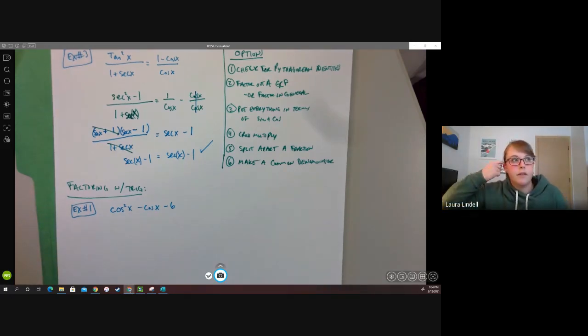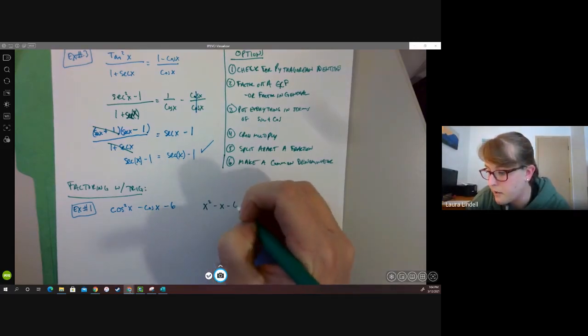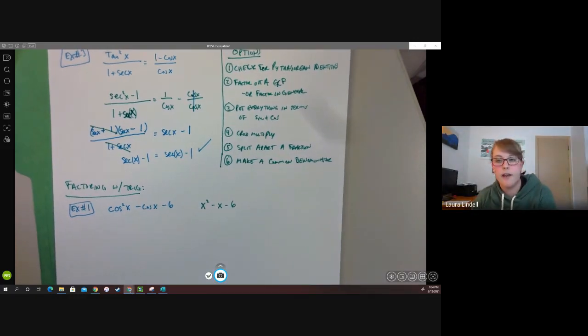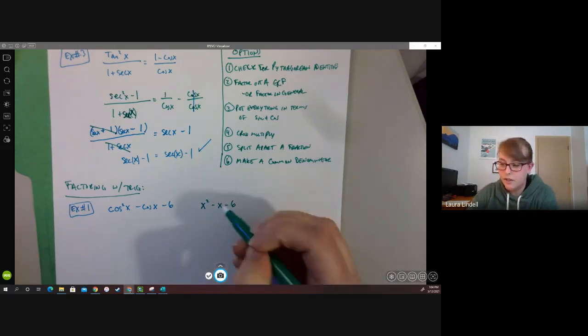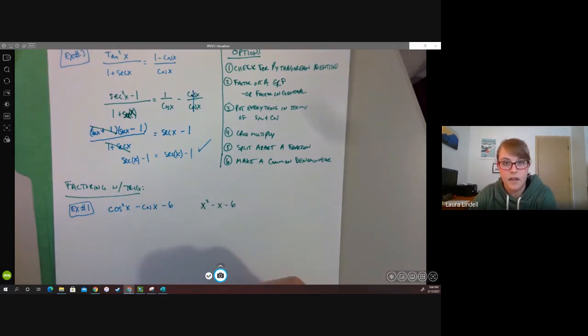Okay, and so this works pretty much the same as you would factor if you were factoring something like x squared minus x minus 6. In fact, it's so much the same that you can use this and then substitute cosine in for x at the end if you really want to.